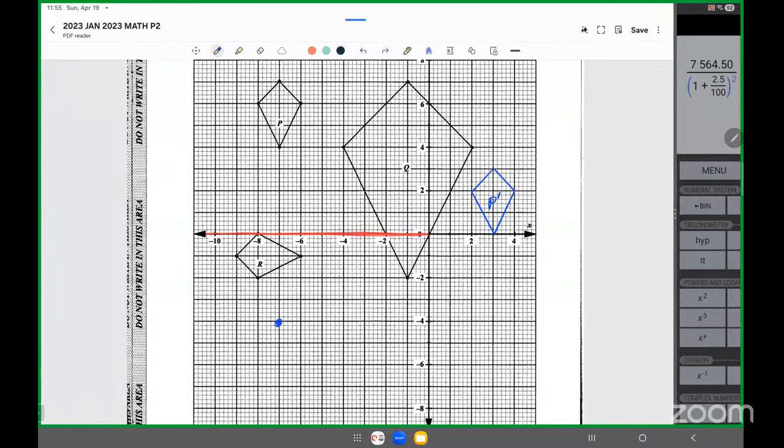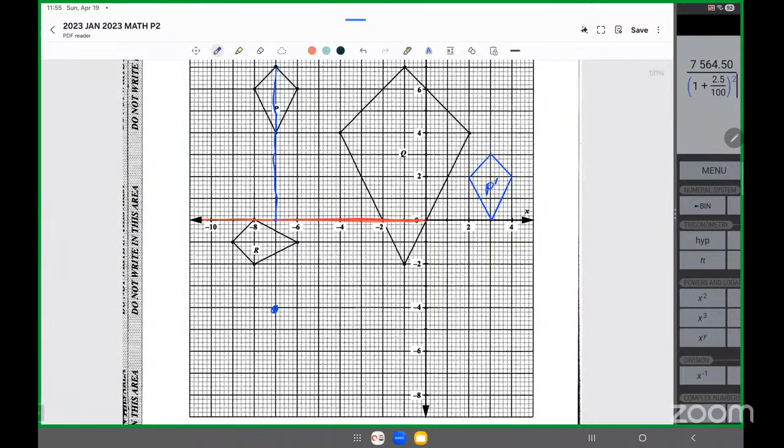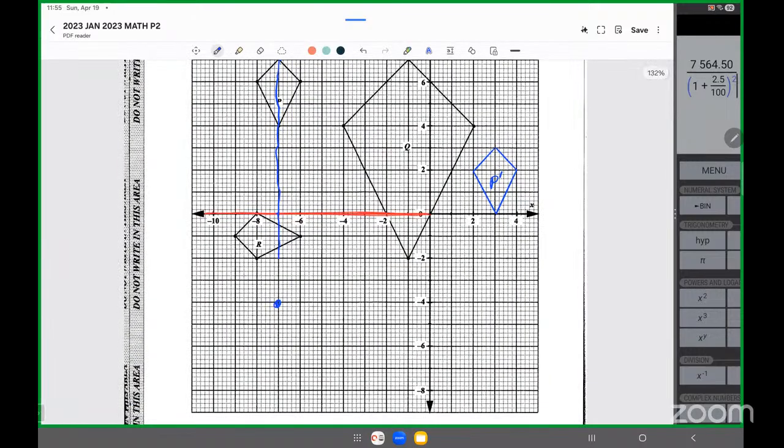No, 7. It's going to go 1, 2, 3, 4, 5, 6, 7 to the mirror line. It's going to go 7 on the other side. 1, 2, 3, 4, 5, 6, 7 to here. That's the point at the top coming there.